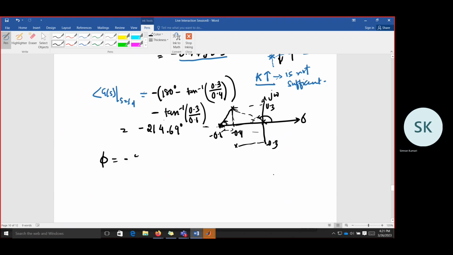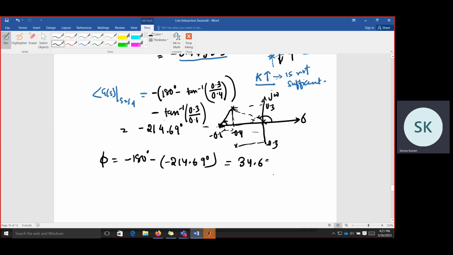This is minus 214.69 plus 180 degrees, so 180 minus 214.69 would just give 34.69 degrees.